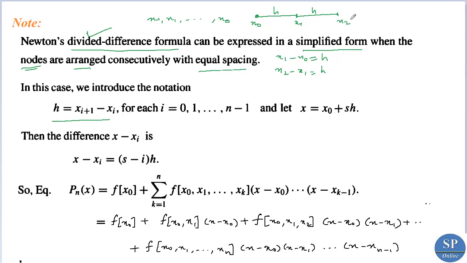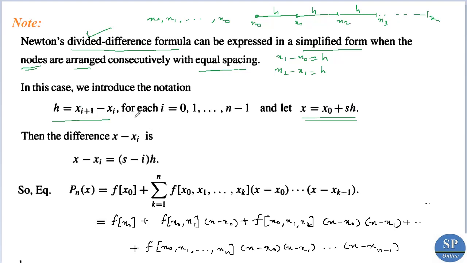This is x2, and x3 is again like that. x3 is placed at a distance h from x2, etc., and xn. Let us also suppose that x is equal to x0 plus sh.